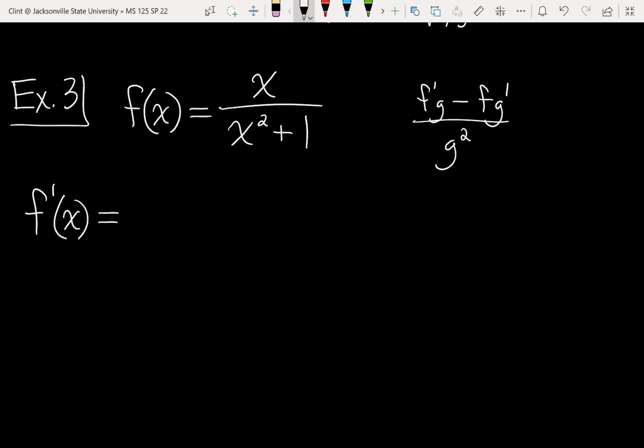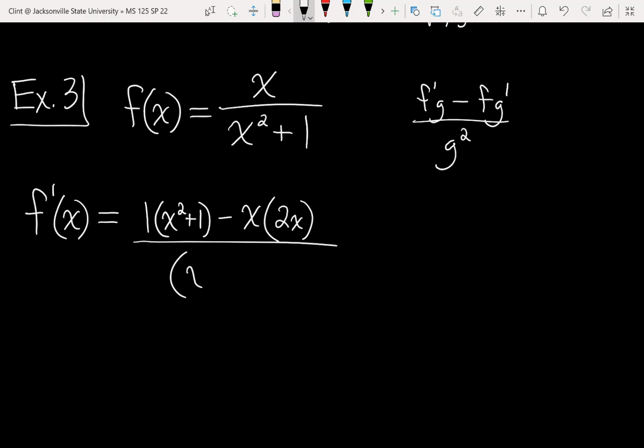So, derivative of the top, 1, times the bottom, minus top, times the derivative of the bottom, so derivative of x squared plus 1, what's that going to be? 2x? Over x squared plus 1 squared.